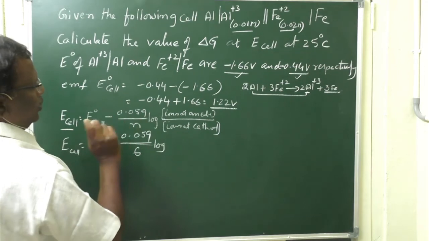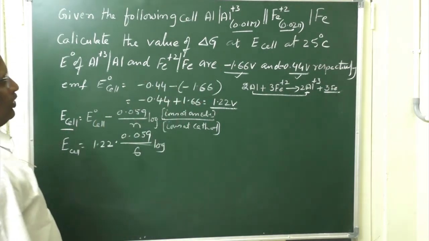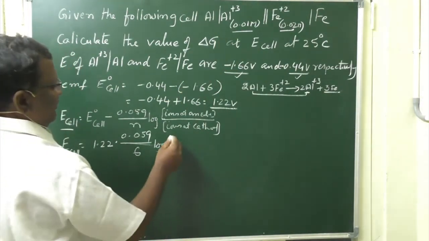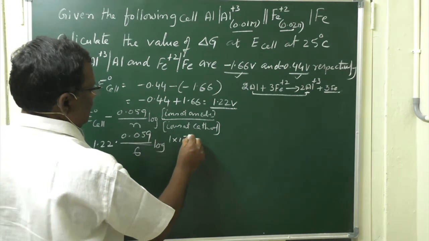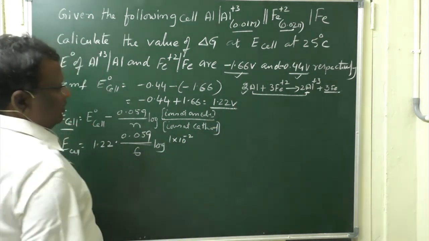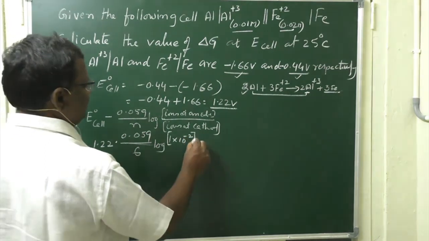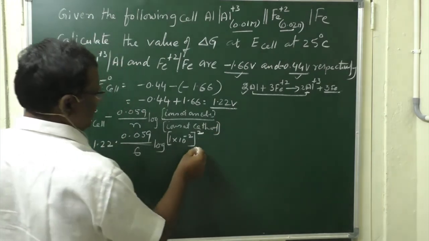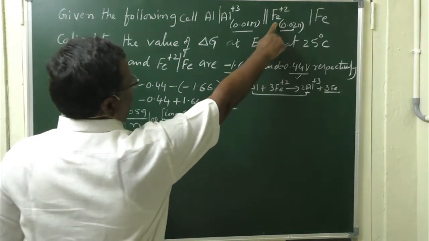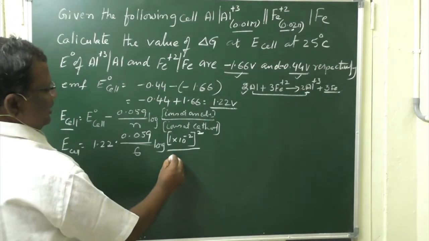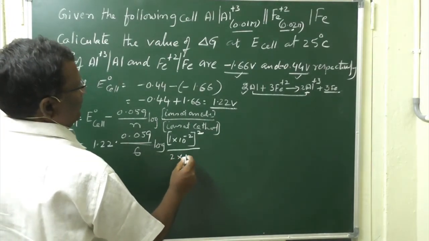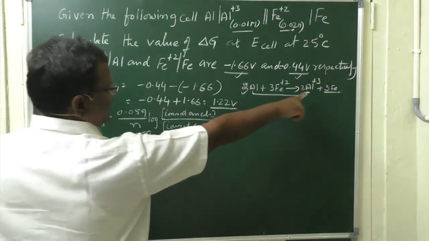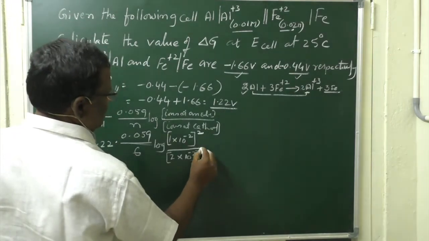Here, ions at anode: aluminum will act as anode, so the concentration of ions at anode is 0.01, that is 1 into 10 to the power minus 2, but in the balanced equation we have 2, so whole square, divided by the concentration of Fe2+ ions, which is 0.02, that is 2 into 10 to the power minus 2, and since 3 Fe2+ ions are there, it will be whole cube.